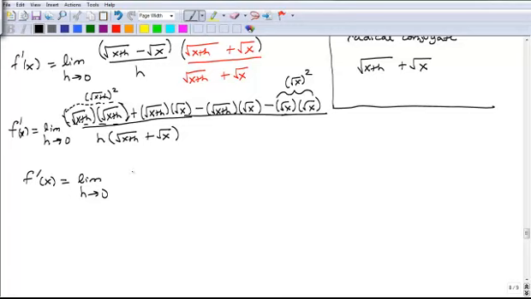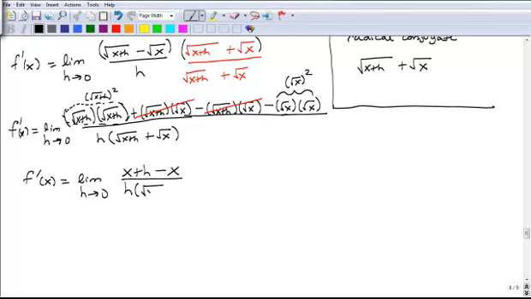And the square and the square root go away. All I'm left with is x plus h. This is a positive root x plus h root x. This is a negative root x plus h root x. When you add these two things together, you get 0, because they're the same thing. One is positive and one is negative. The last two, square root of x times square root of x, is square root of x squared. And the square and the square root go away. So I just get minus x.